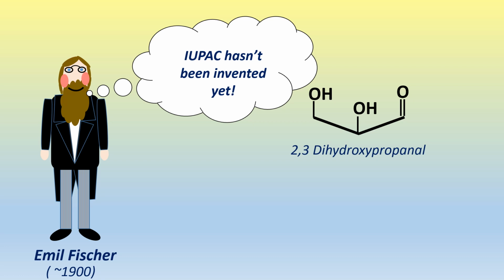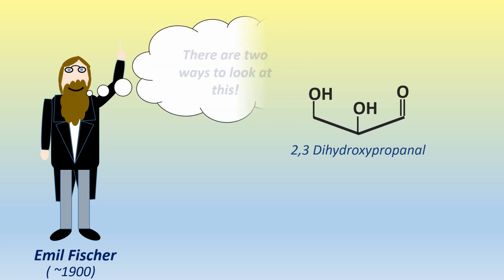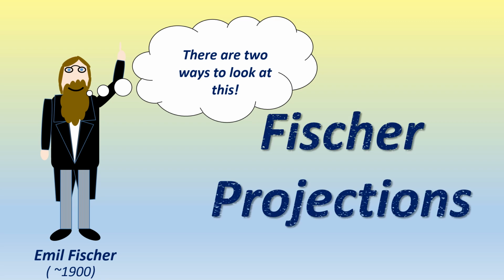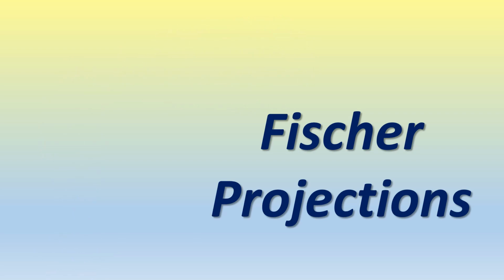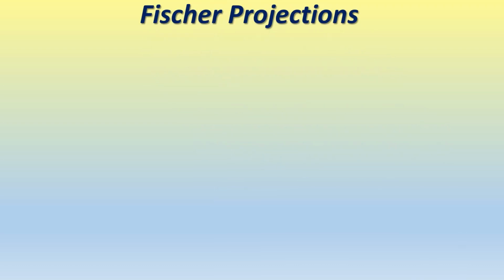Fischer noted that that central carbon, carbon 2, actually had 2 different ways that one could draw it. So he devised a way of doing this called Fischer projections. Essentially, what one does is take the original molecule and flatten the plane.